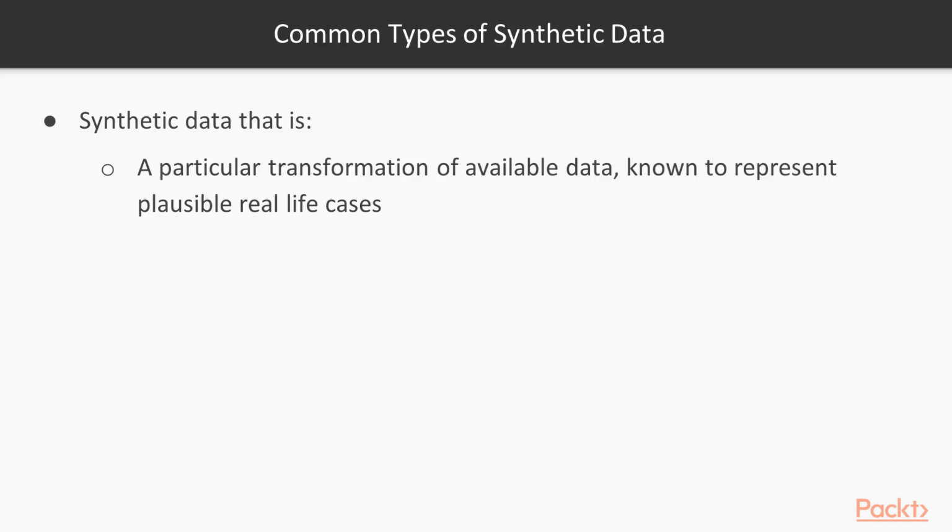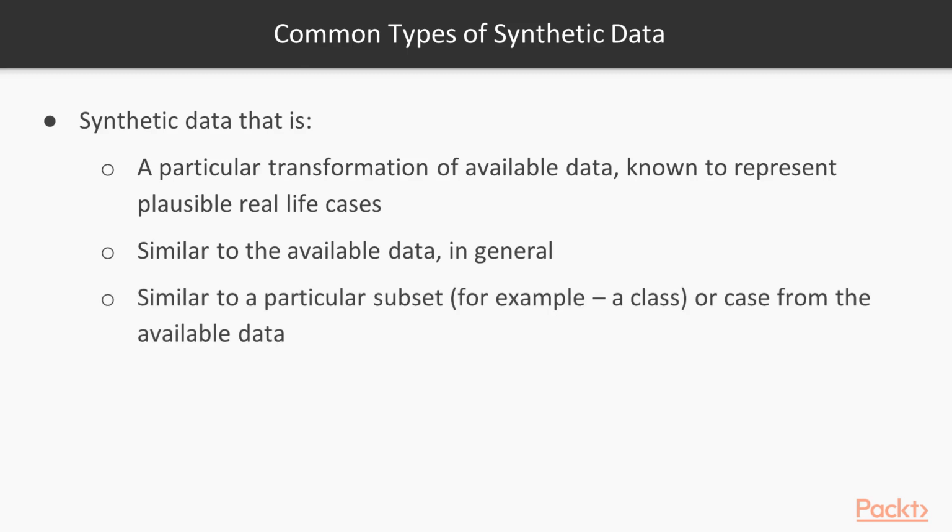These are very simple. We know beforehand how we can generate plausible synthetic data from the real life cases by simple transformations. Other synthetic data you're going to want to use occasionally is data that's just general, that is similar to the available data in general. And this is going to be particularly the case when you simply have insufficient data. In the other situation where you've got sufficient data, but there are particular subsets or particular classes of your data that are insufficient, you're going to want synthetic data that is similar to, say, the particular class which is of insufficient number in your available data.